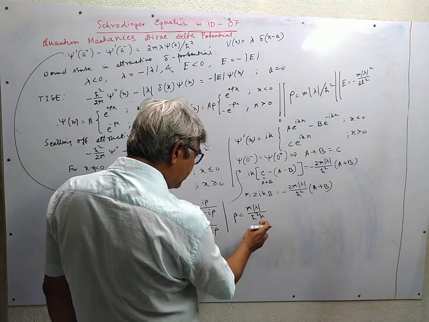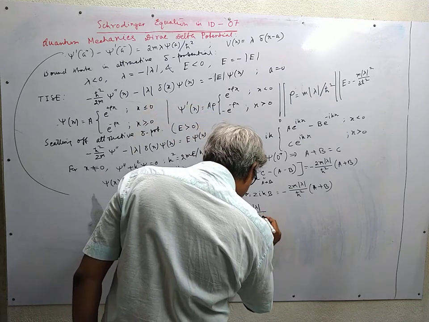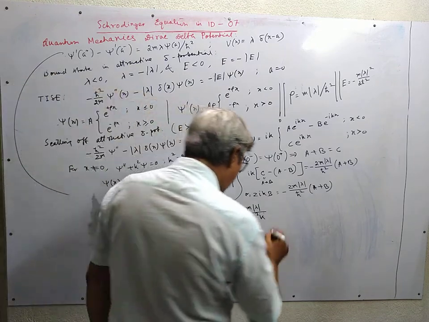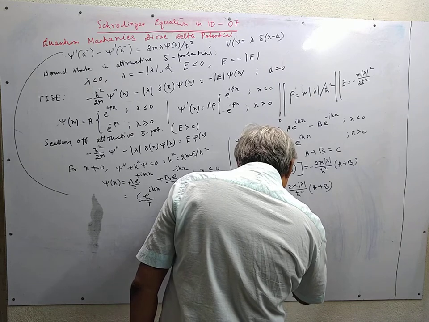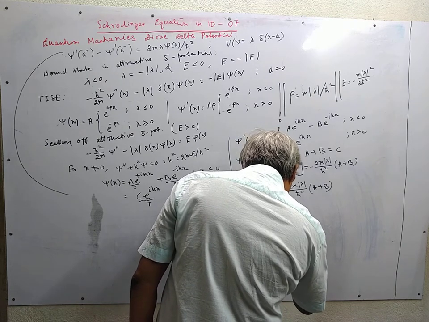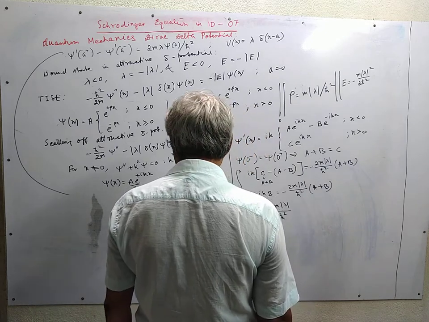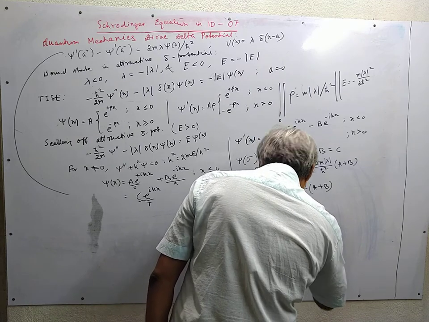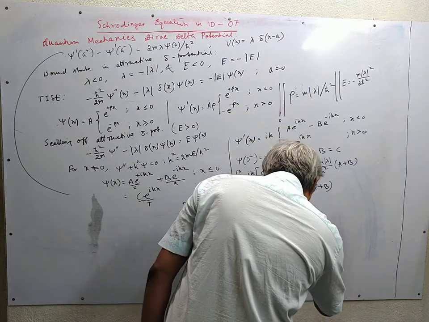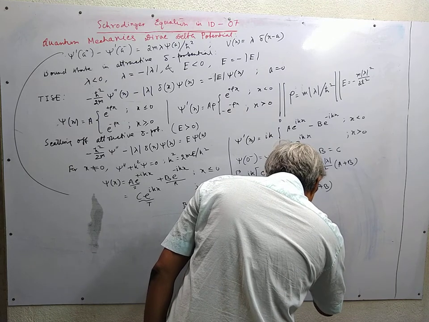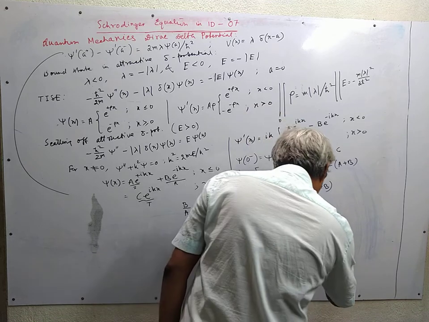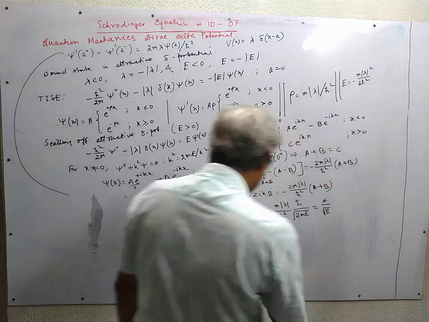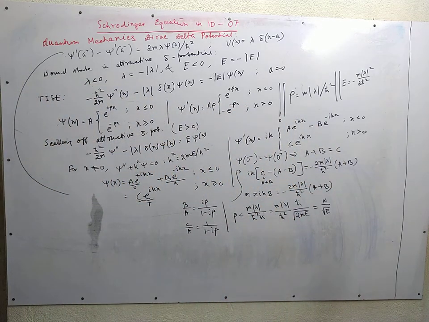Since it depends on k and k depends on energy, we will have m mod lambda by h cross square, and for k we have h cross in the numerator and root 2mE, that is to say it varies as alpha by root E. Beta has 1 by root E dependence.